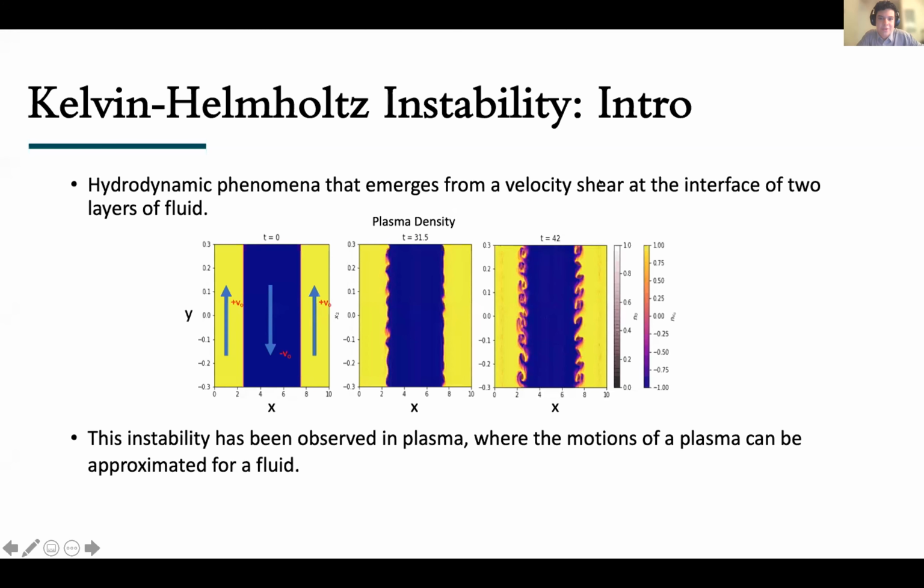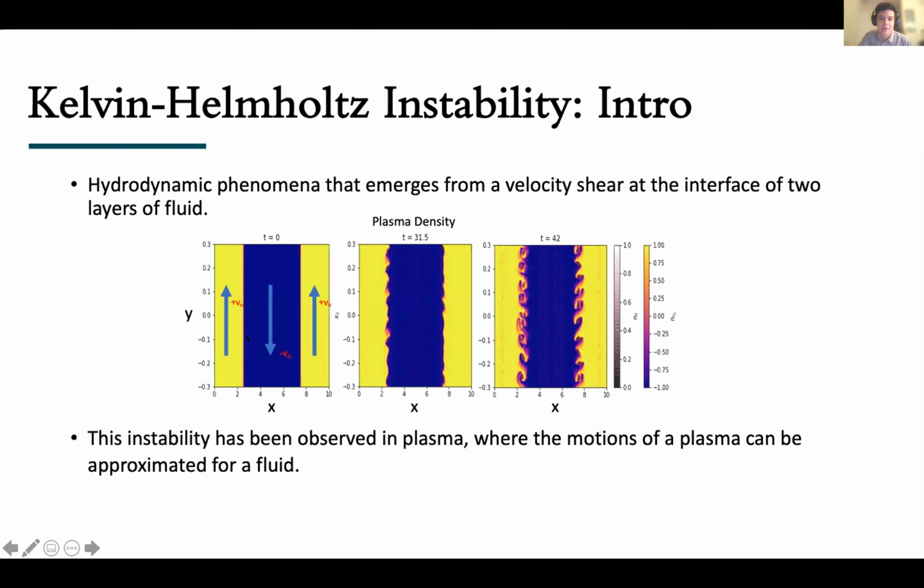The Kelvin-Helmholtz instability is a hydrodynamic phenomenon that exists in many different fluids and is caused by velocity shear. Here I have a simulation of plasma density for different layers of plasma that are moving at different velocities.